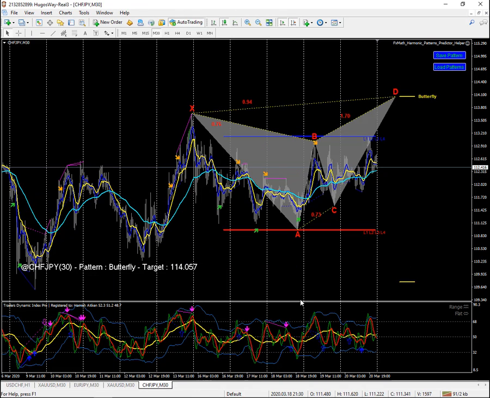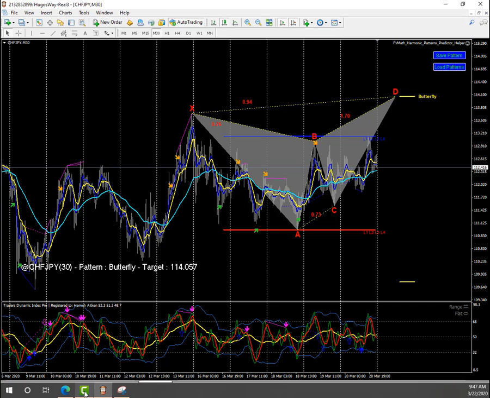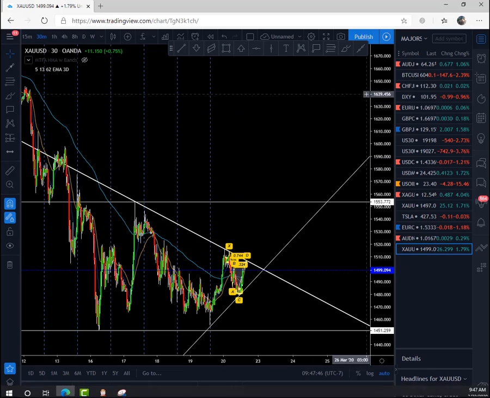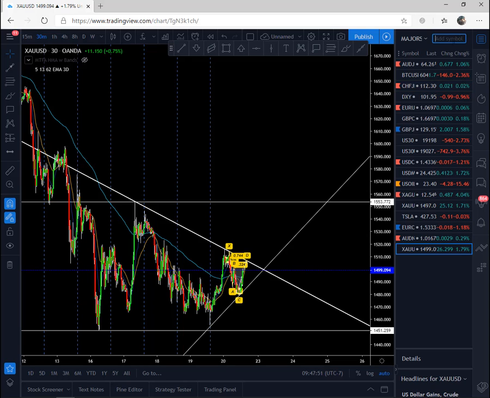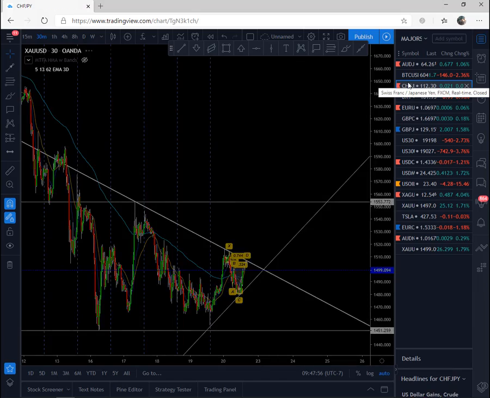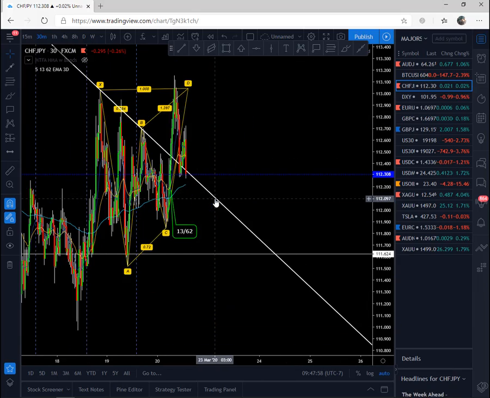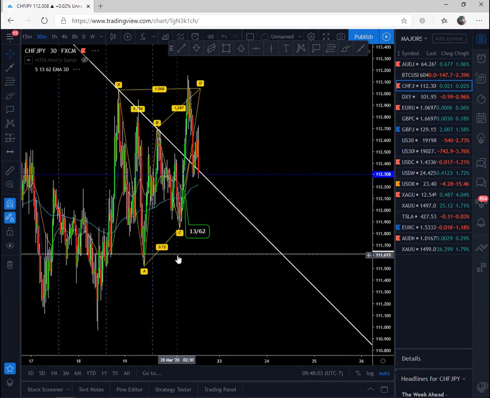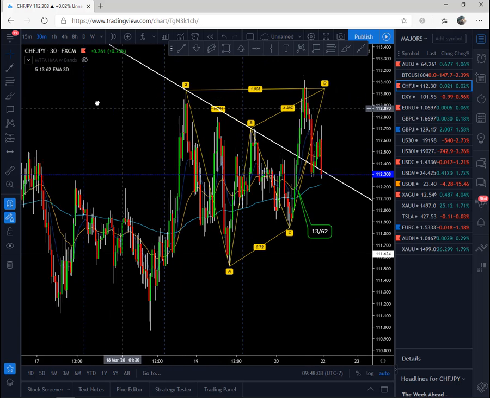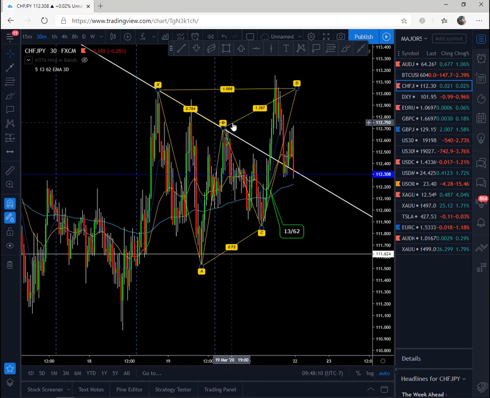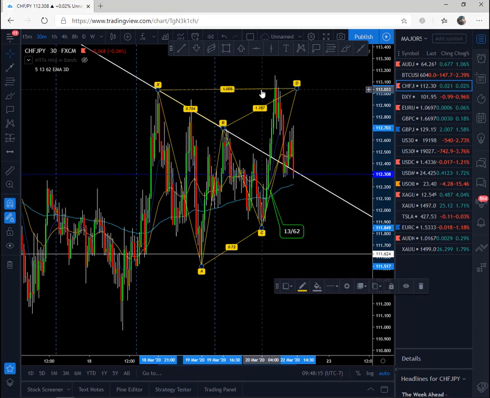Let's start off with CHFJPY. So this trade already took place. This was on Thursday, so disregard this pattern.